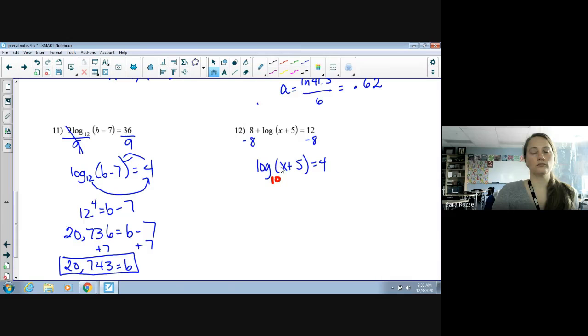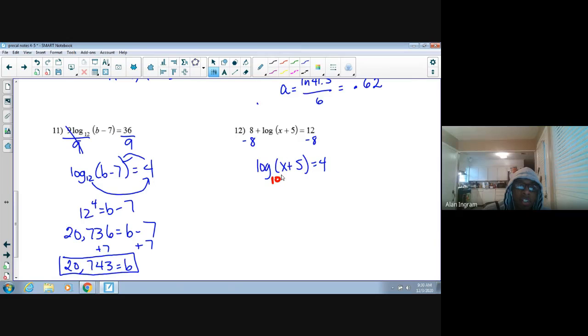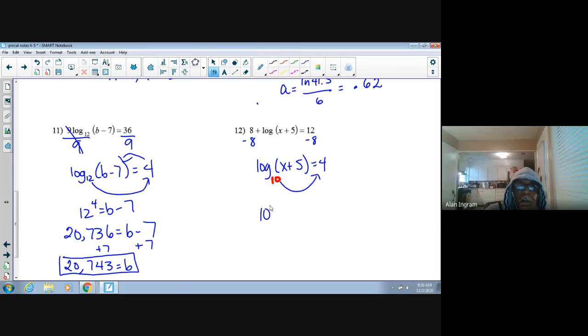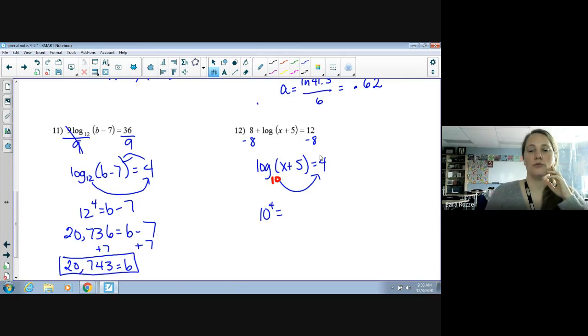So, are we going to log it, or are we just going to do the base? We're going to do the base. It already is a log. So if you see log, you're going to write it as an exponent. So our base is 10 to the 4th equals x plus 5.